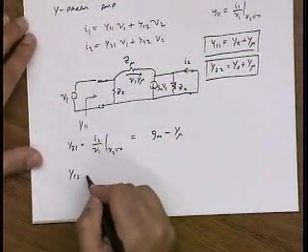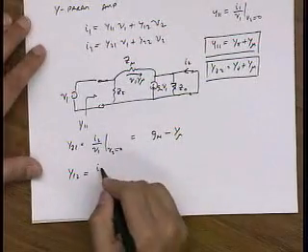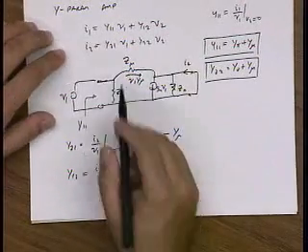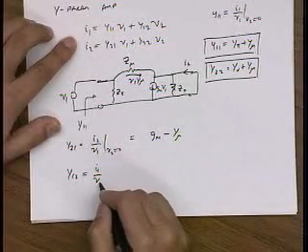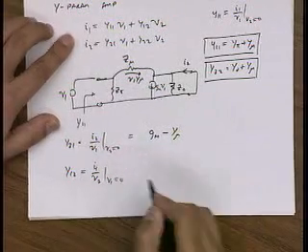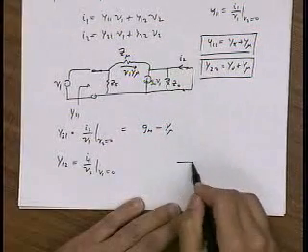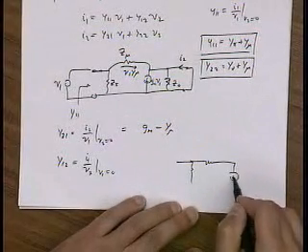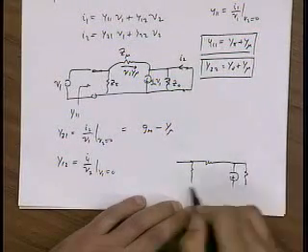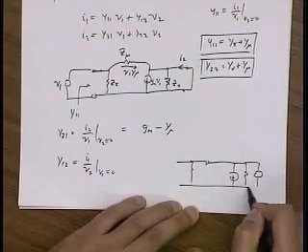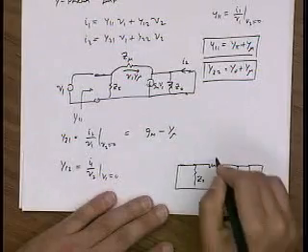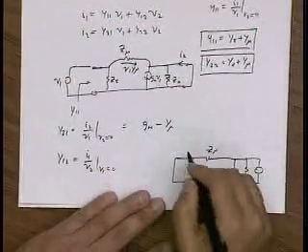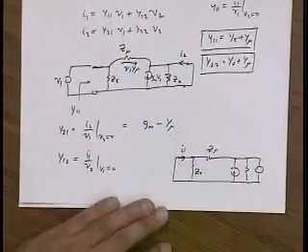And finally, Y12. Y12 is I1 over V2 when V1 is equal to 0. So I'm applying a voltage source here, shorting out the input, and I want to find out I1.